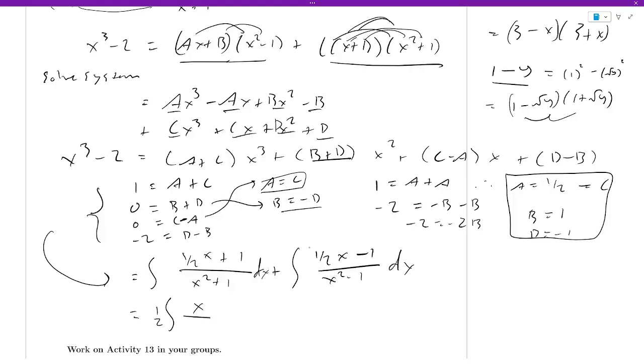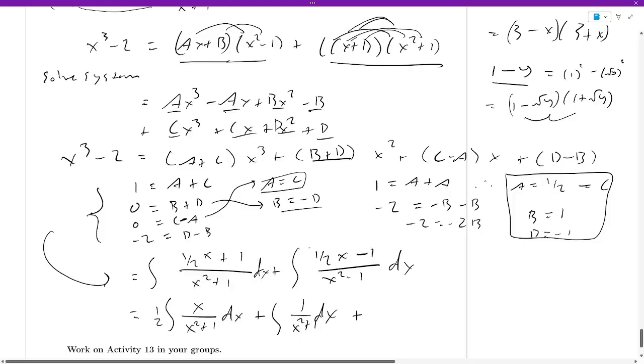So I'm going to have 1/2 this guy. And I can split the fraction into 2 different integrals, right? So this first integral splits into these two, plus, and then the second integral splits into these two.